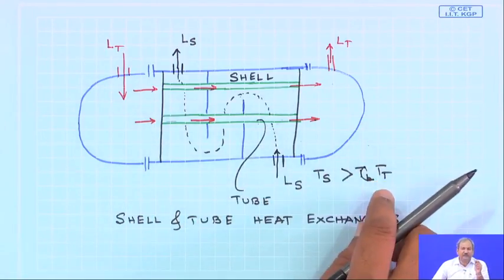So, if you consider the tube wall as the dividing surface, then the tube side wall confines the liquid which is flowing through the tubes. So, it is going to be an internal flow, and on the outside of the tube material the flow is external. We have studied external flow so far in our treatment.